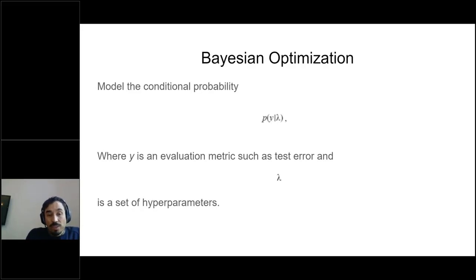Bayesian optimization is not my specialty, but they make comparisons with Bayesian optimization because these methods have become standard today. With Bayesian optimization, what you want to do is model the conditional probability over some evaluation metric. In this case, it might be the test error, conditional on a set of parameters that you want to test.